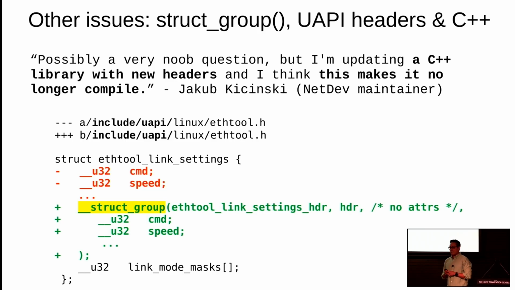He basically says that he was trying to build some C++ libraries, and he was including this header while he was trying to build these libraries. And well, C++ complained about it, and the code didn't compile. So I basically broke user space with this patch.